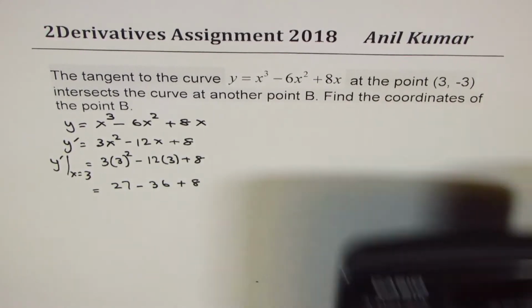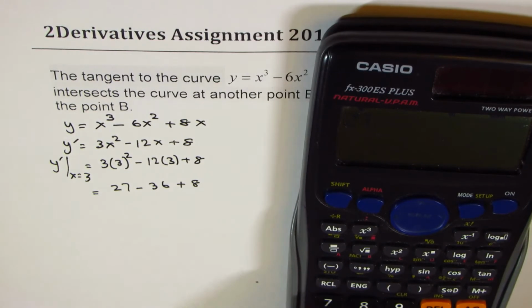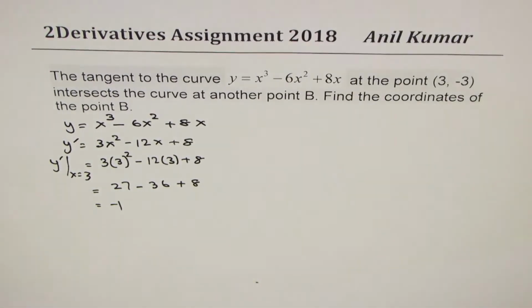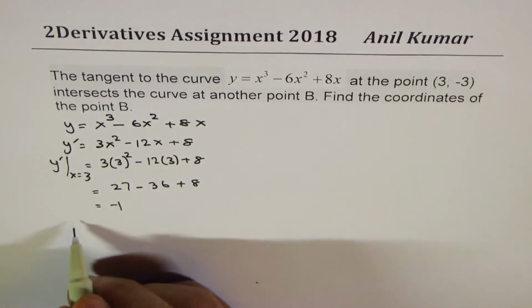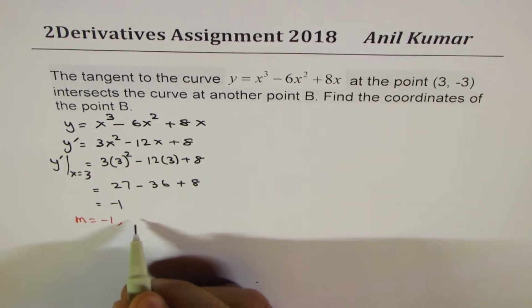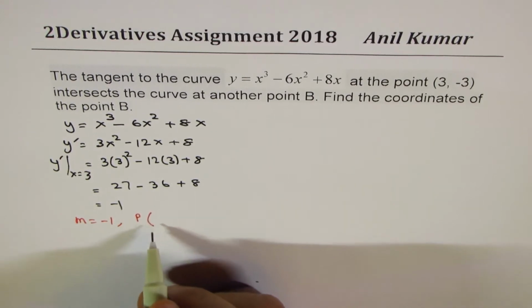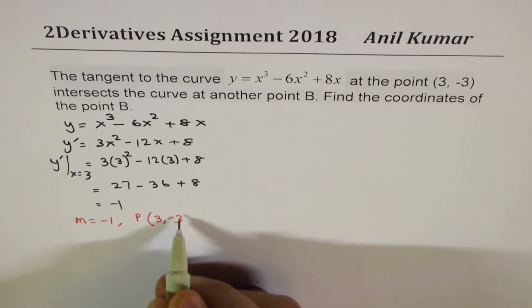So you can calculate this value, which is 27 minus 36 plus 8 is equal to minus 1. So that means the slope is minus 1. So what we have got here is slope m is minus 1, and the point, let's call this P, as (3, -3), right?